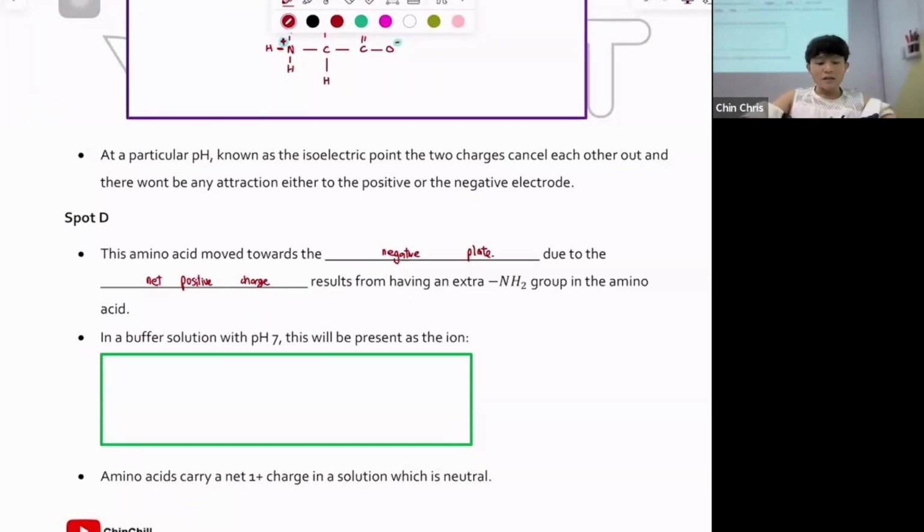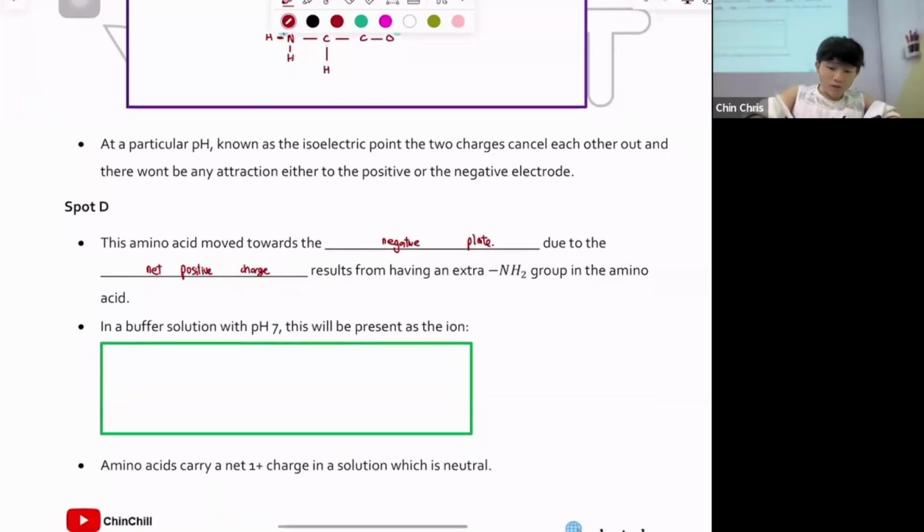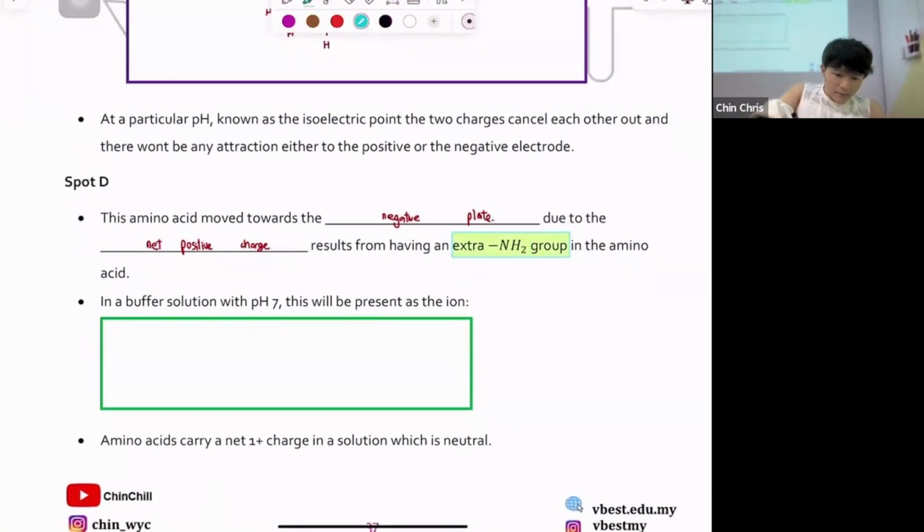Now, guys, in the buffer solution with a pH of 7, you must have an extra NH2 group. Reason being, your NH2 group would ionize into an NH3 plus. So it might look something like that.